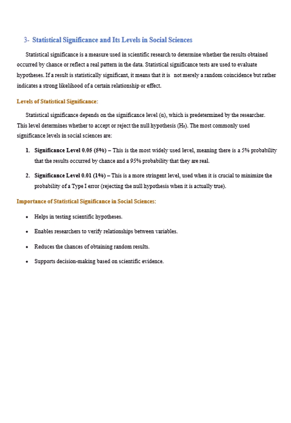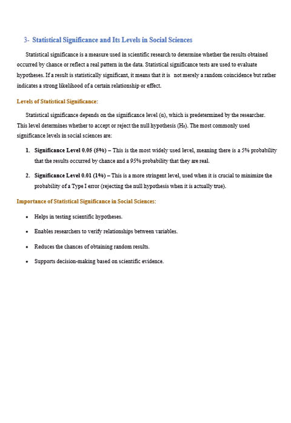Levels of statistical significance. Statistical significance depends on the significance level, alpha, which is predetermined by the researcher. This level determines whether to accept or reject the null hypothesis, H0. The most commonly used significance levels in social sciences are significance level 0.05, 5%.